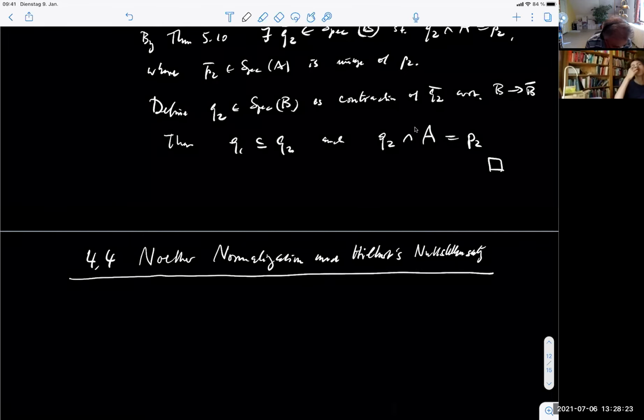Before stating it, let's give a definition. You may know it already. It's the notion of algebraic independence. Let's say A is a K-algebra, K is a field.